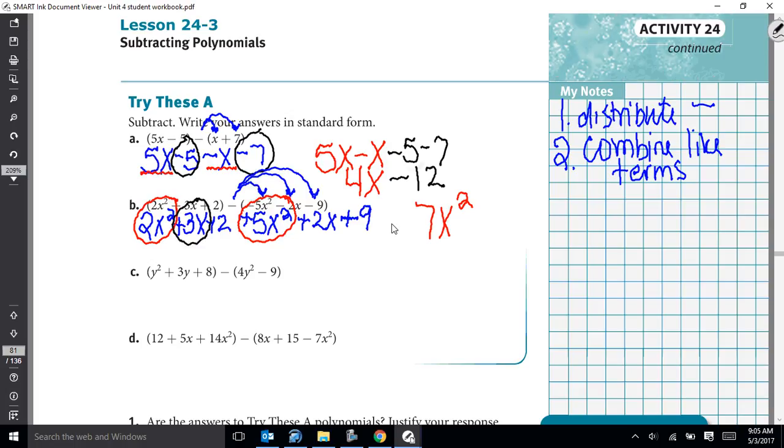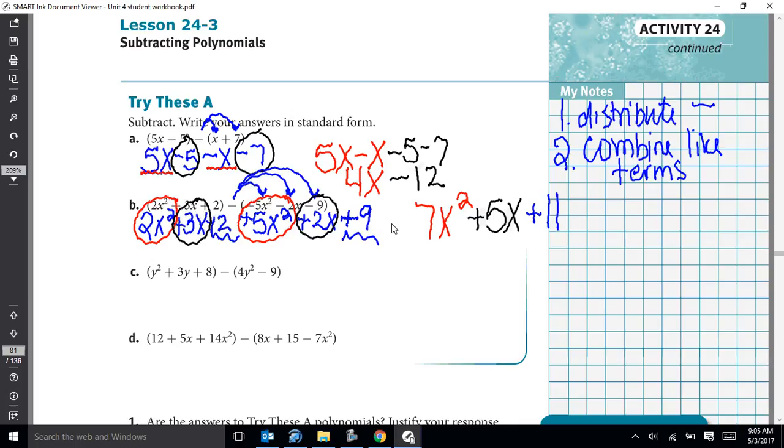We have 3x plus 2x, which is 5x. Plus 2 plus 9, so plus 11. So the quantity 2x squared plus 3x plus 2 minus the quantity negative 5x squared minus 2x minus 9 is equal to 7x squared plus 5x plus 11.